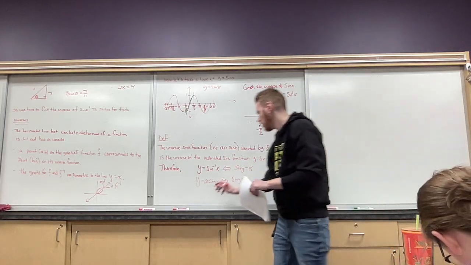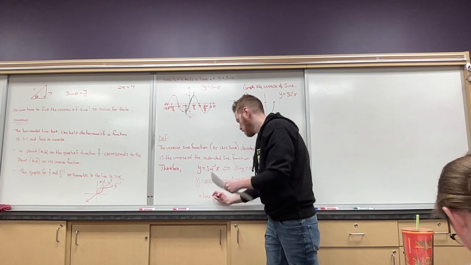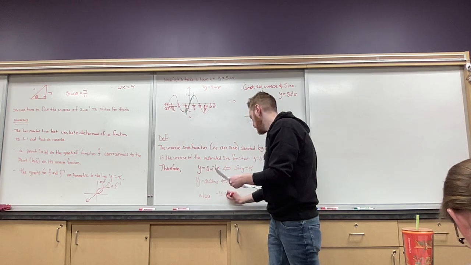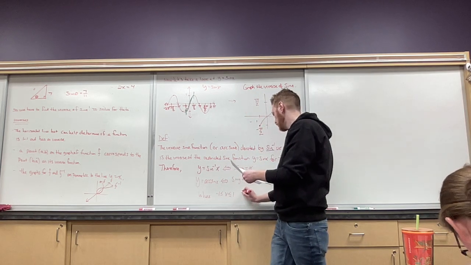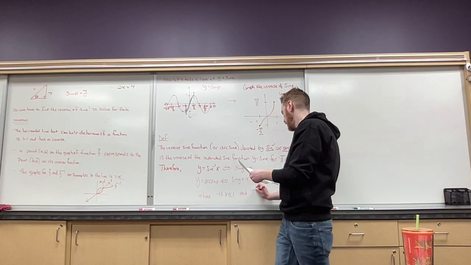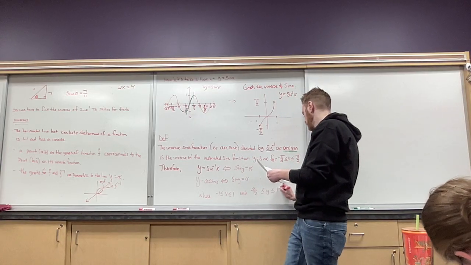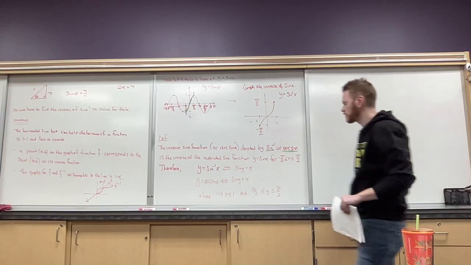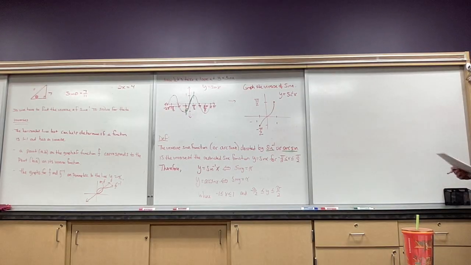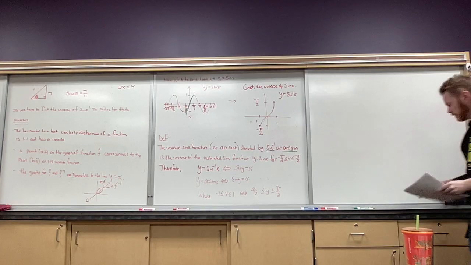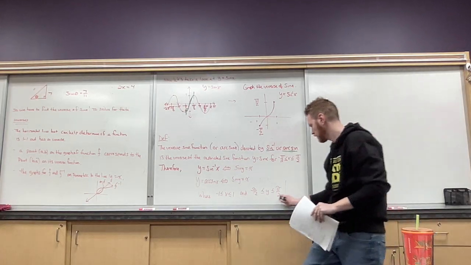So all this is true where our x values are between 1 and -1, and my output values are between -pi/2 and pi/2, including those. Let me put this in green.